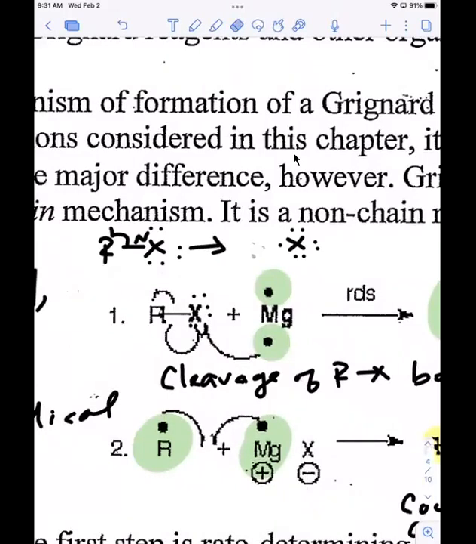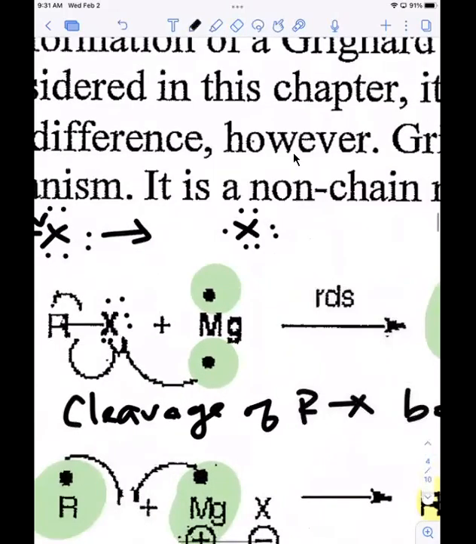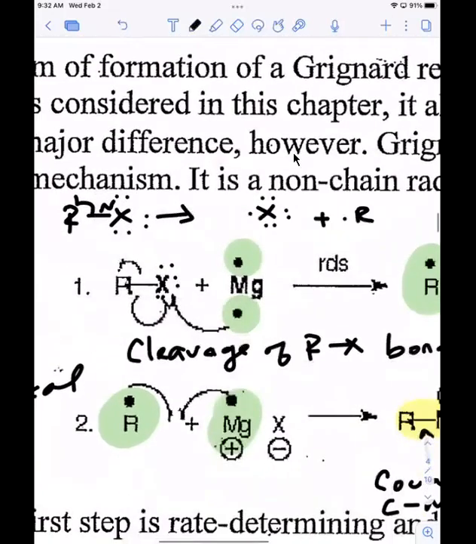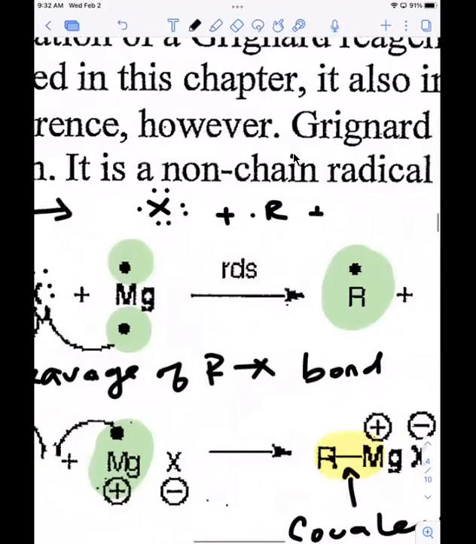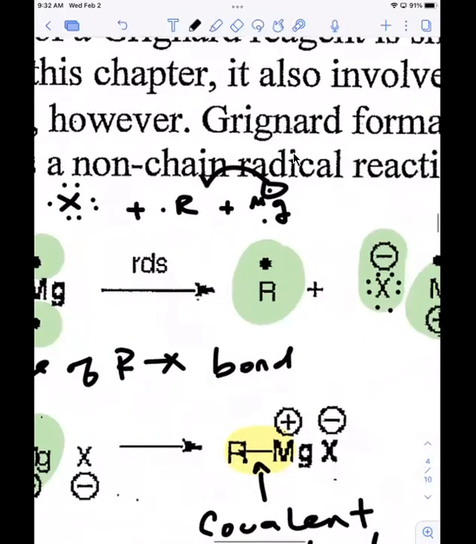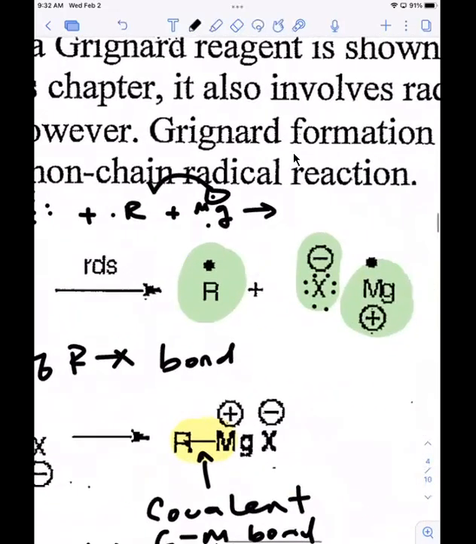If the magnesium doesn't make a bond but just donates 1 electron to the halogen, then the halogen, which has 7 here, ends up with 8.